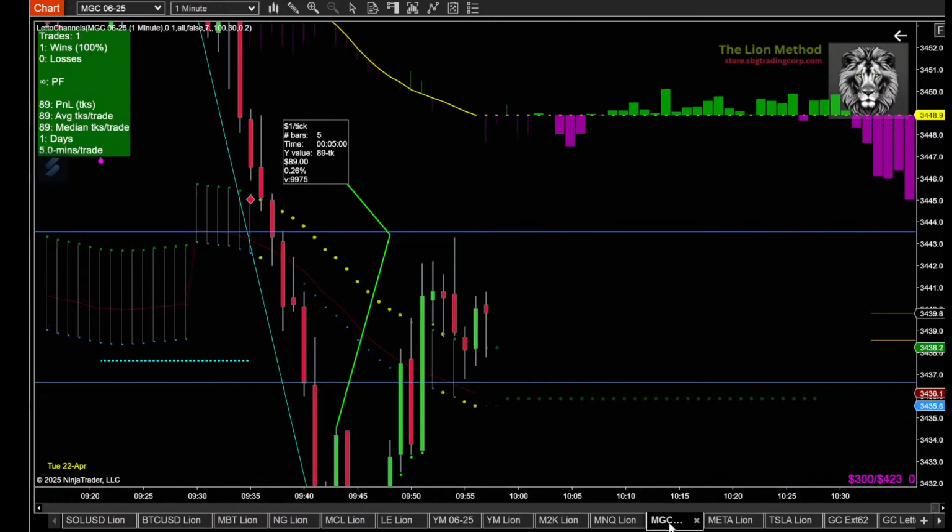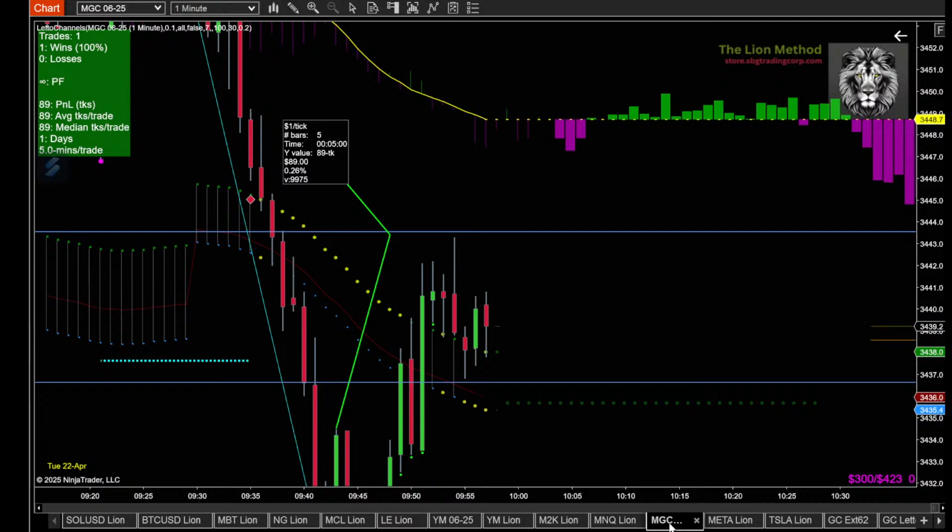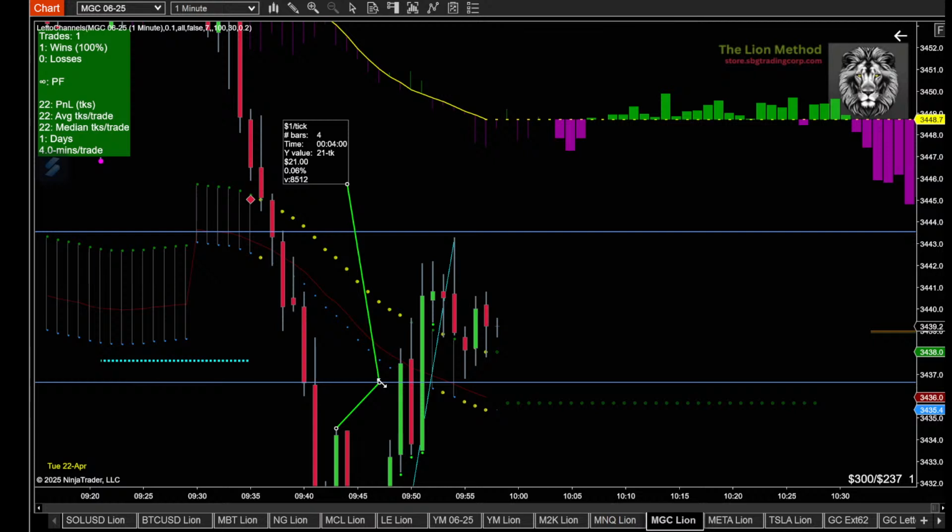Possible. Gold is still finding out what it's going to do with its life. We're in between stop and target in gold. All right, well, the stop has got us at least sealed in for 21 ticks. So $21 in micro gold, $210 in the full gold contract.